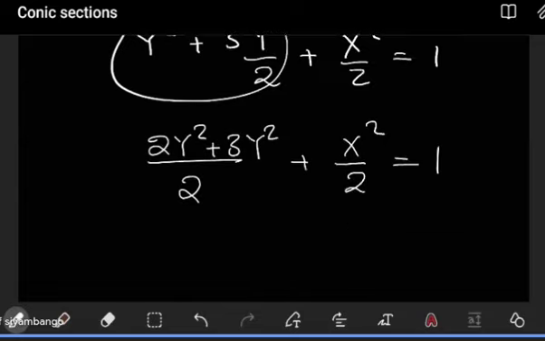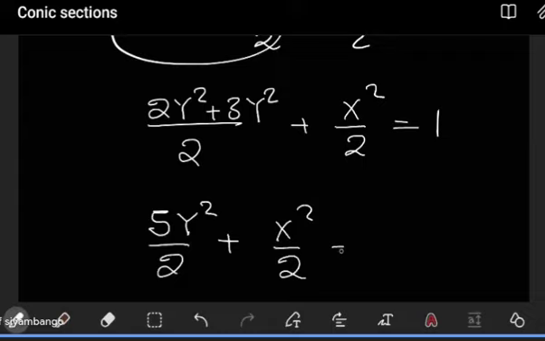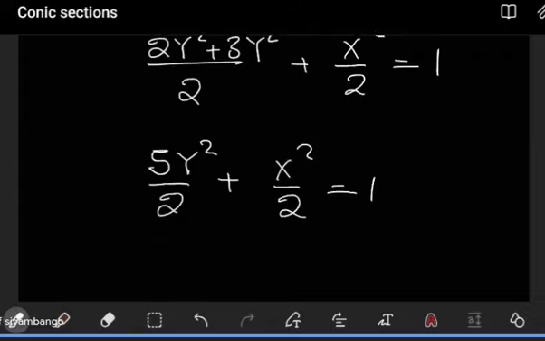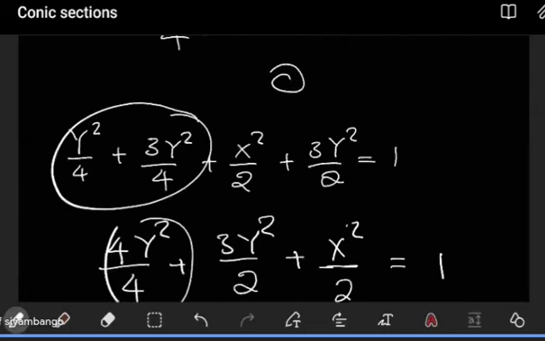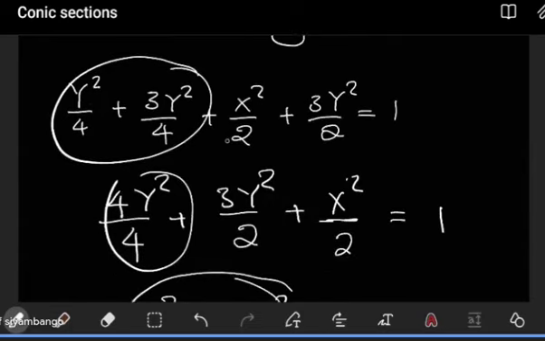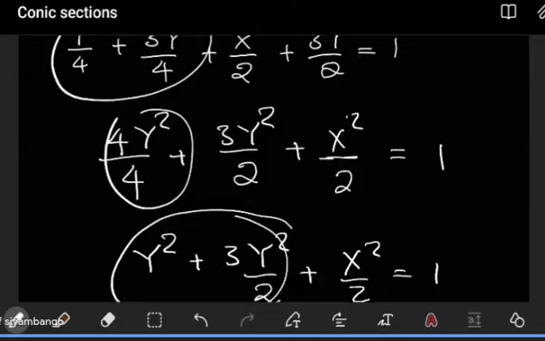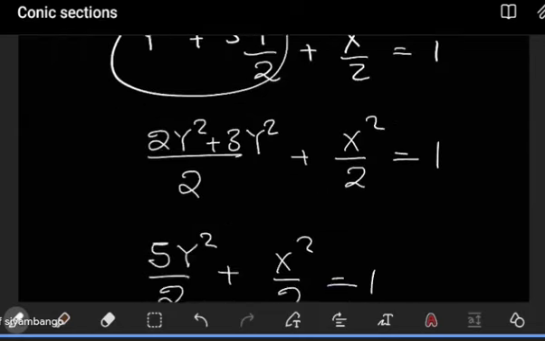And finally, this will be 5y squared over 2 plus x squared over 2 is equal to 1. And let's see the denominator. At the denominator, this is 1 plus 1, which is y squared, and that ends up giving us 5y squared.